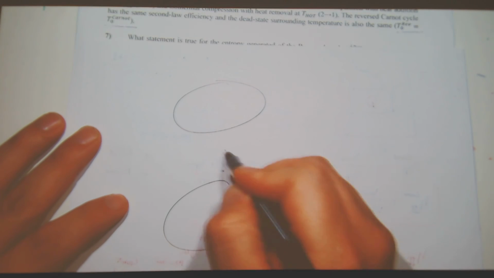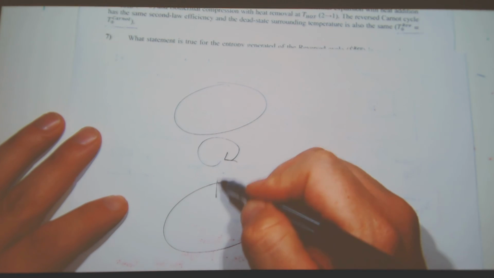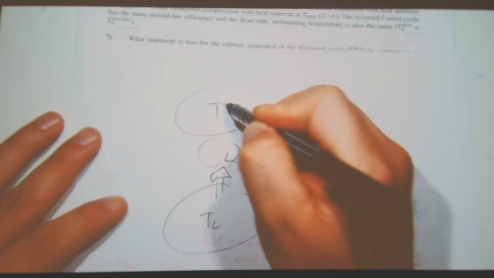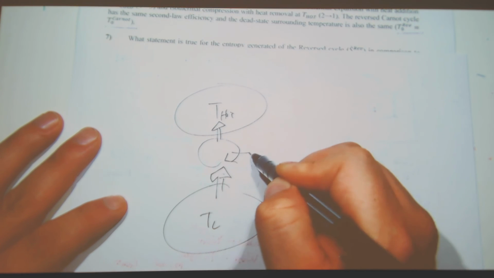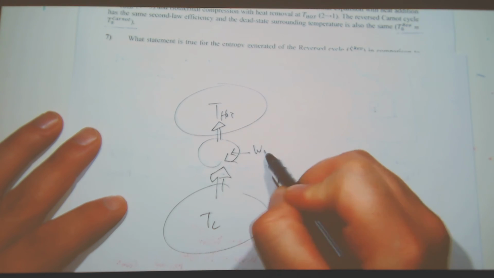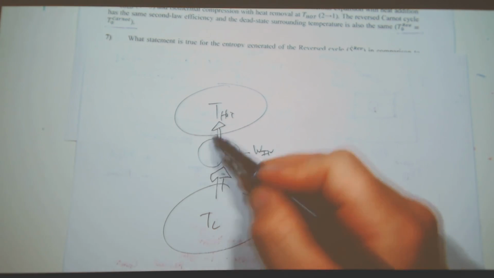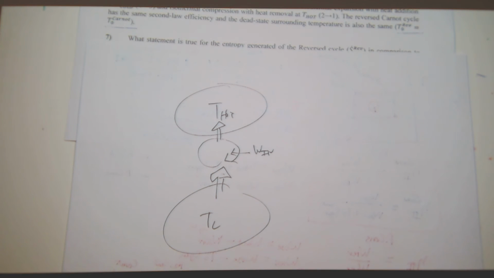So if I just flip this over, and here I have my cycle, and if I have heat going in this direction, from T low to T hot, and in this case I have to put work in, this is against the natural direction that heat flows. So in order for me to have the same second law efficiency, I have to have less entropy generated.